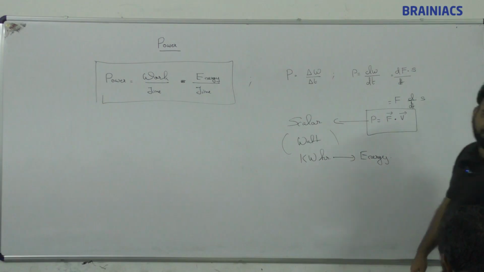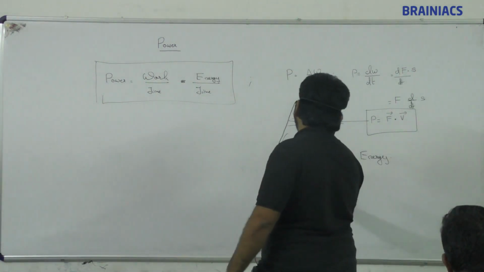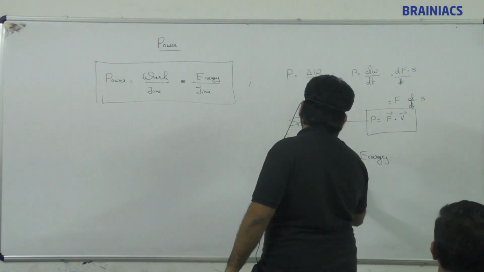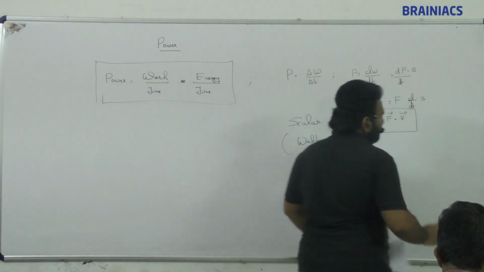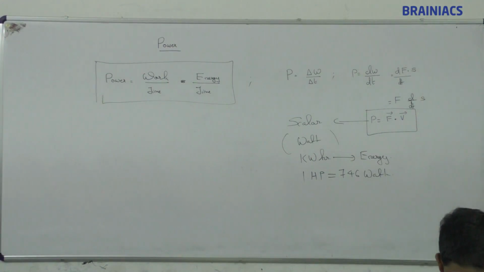We used to say horsepower also. 1 horsepower is 746 watt, or joules per second.